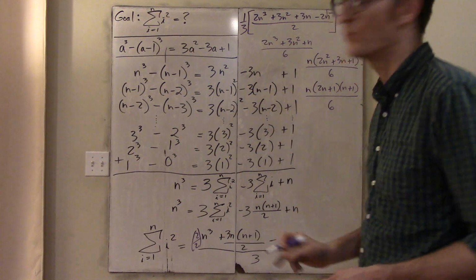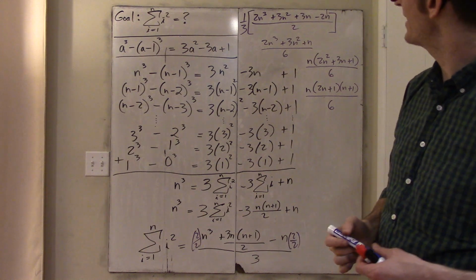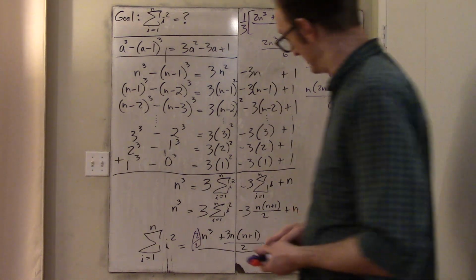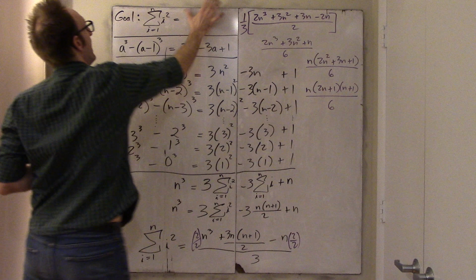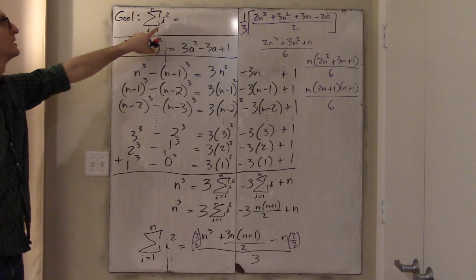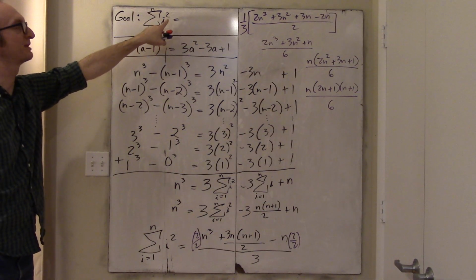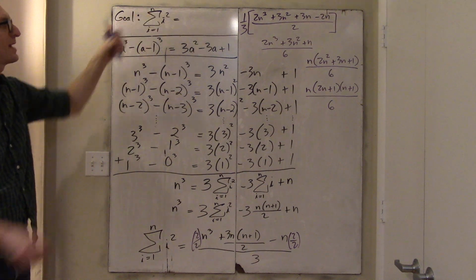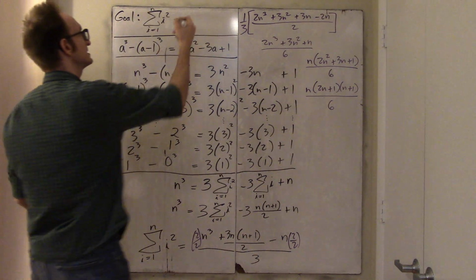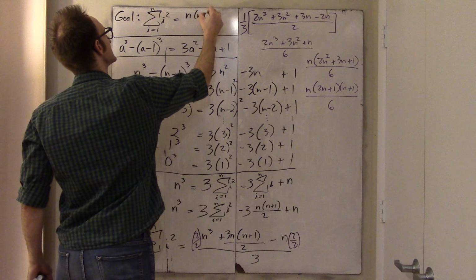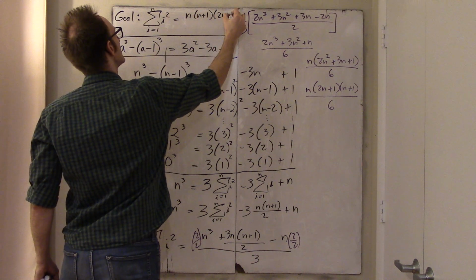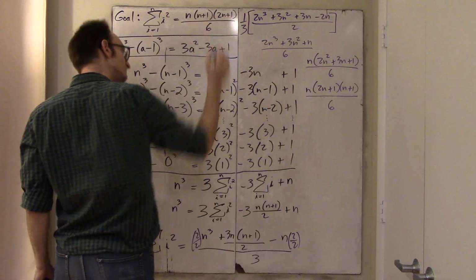Okay. Wow. The final answer is that if you add up 1 plus 4 plus 9 plus 16 plus 25 all the way up to n squared, the answer is n times n plus 1 times 2n plus 1 over 6.